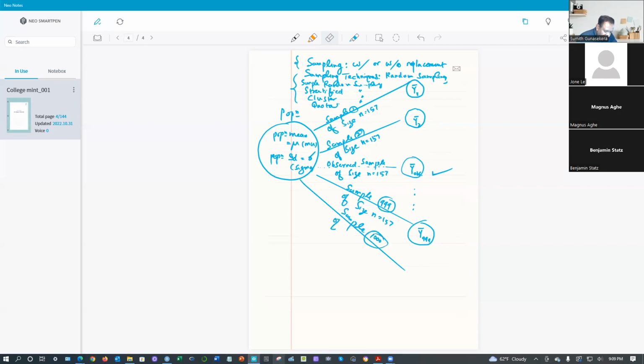Size n equals 157, y bar 1,000. If you look at these, they are not constant. The y bars are varying.